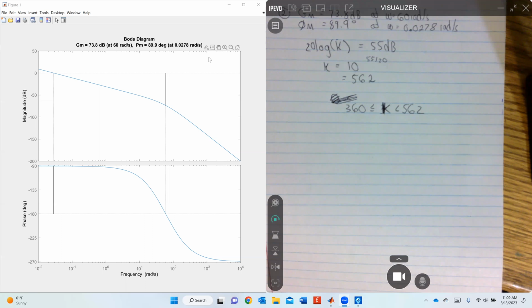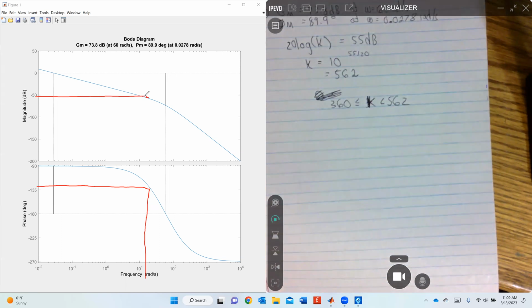We saw that the point where our phase margin became 60, that -120 point, was around here-ish, at about 14.5. Then we looked at how much gain we have there, about -55 dB at the intercept. So we set 20 log of K equal to 55, and we determine the max value of K is about 562.